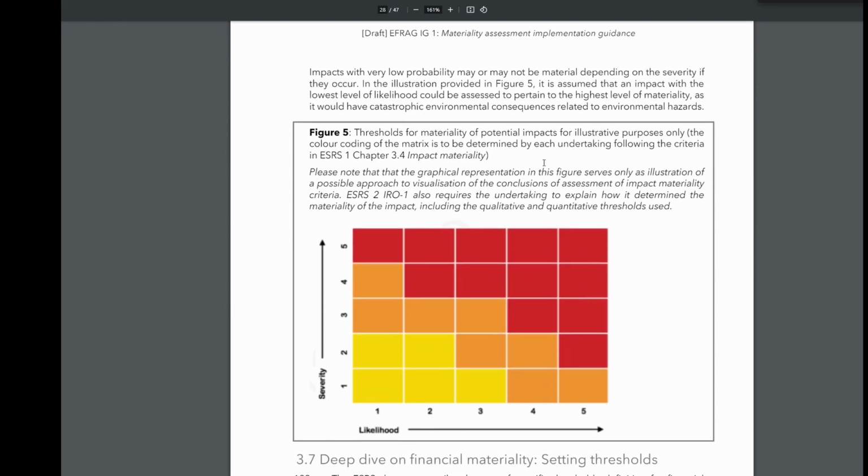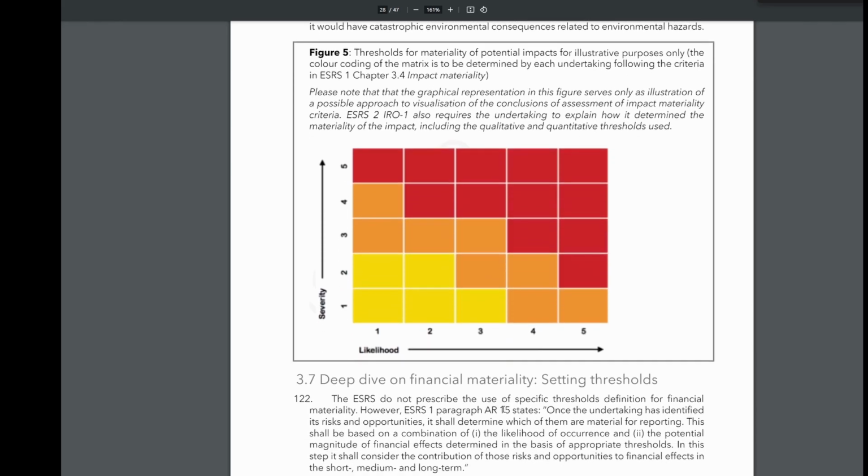And here we have a suggested, illustrative purposes only, way of visualizing severity and likelihood. That is it. Just severity and likelihood, which are two of the characteristics of impacts only. Now, this is a very, very narrow part of the double materiality process, but it's only impacts. This does not apply to risks or opportunities because severity is not a characteristic of a risk or an opportunity.